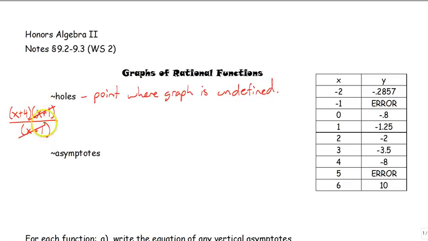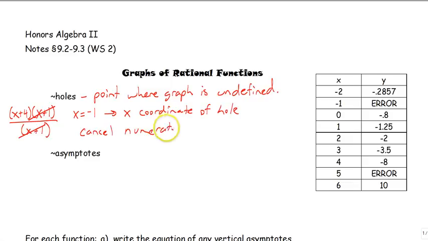So for example, in this case, x would equal -1, which would be the x coordinate of the hole. That's not for everything. That's just for this example I made up on the side. So it's where you can cancel the numerator and denominator.